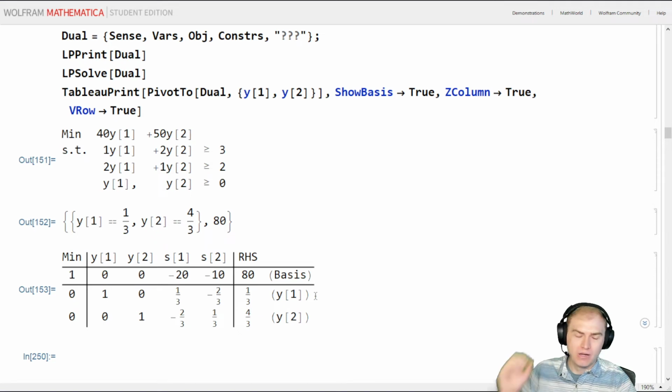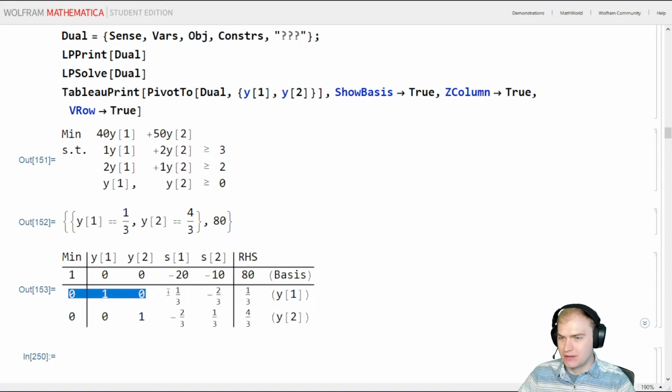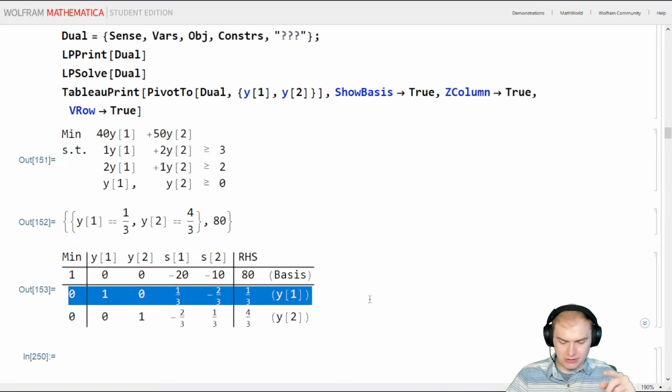It's the negative 20 is the shadow price for the dual constraint 1.